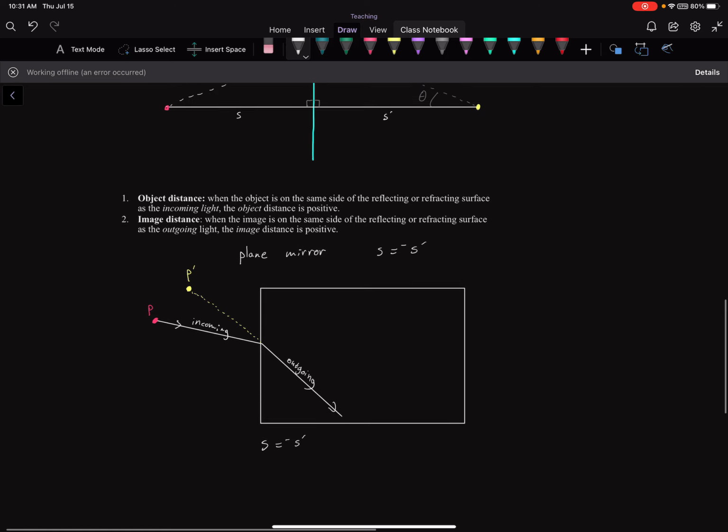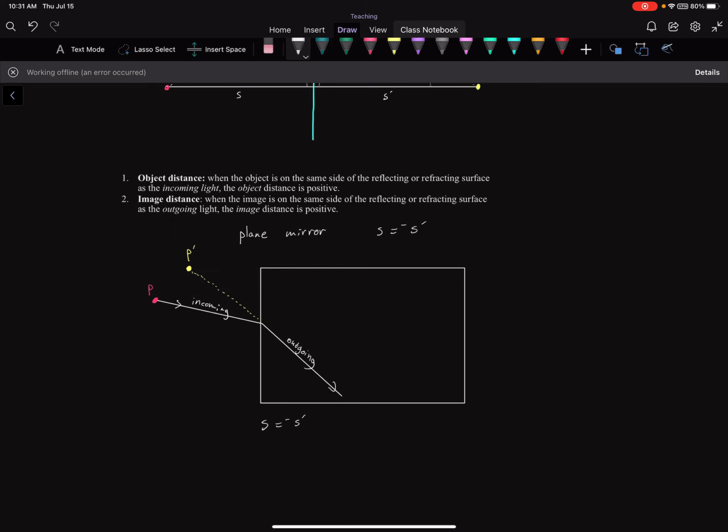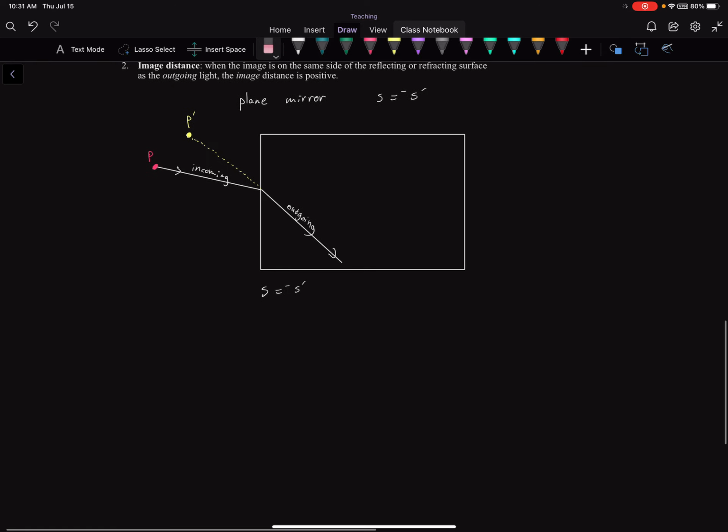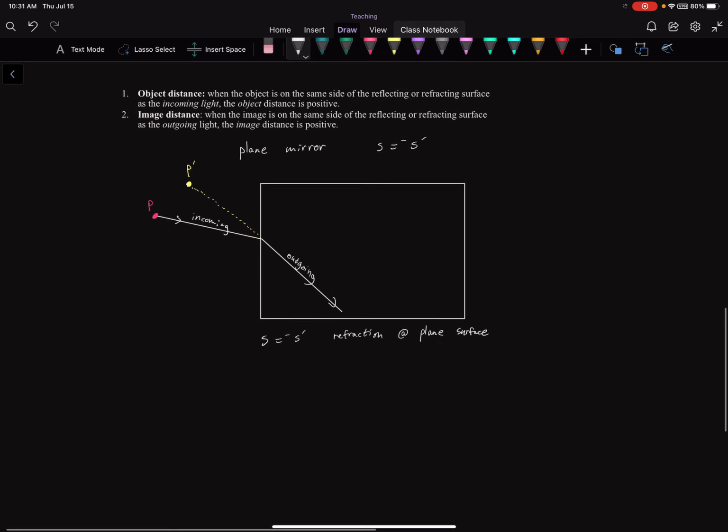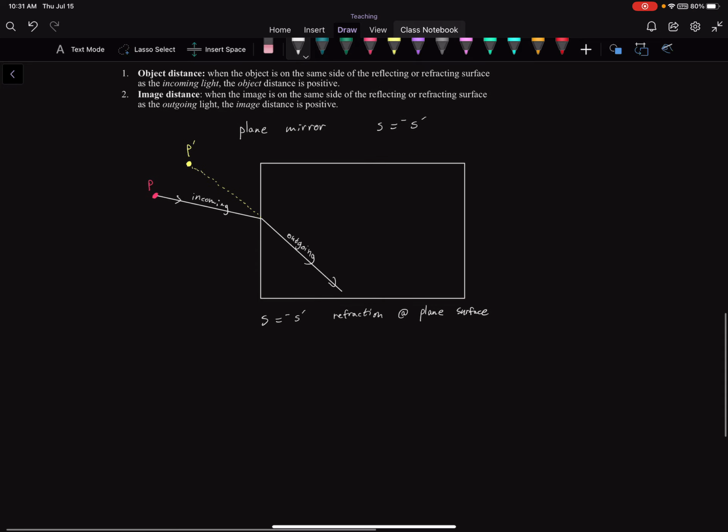All right. But that's at a plane surface, so refraction at a plane surface. It's when the curvature comes into play that the other scenario with a positive image distance is seen. So we're going to get there.